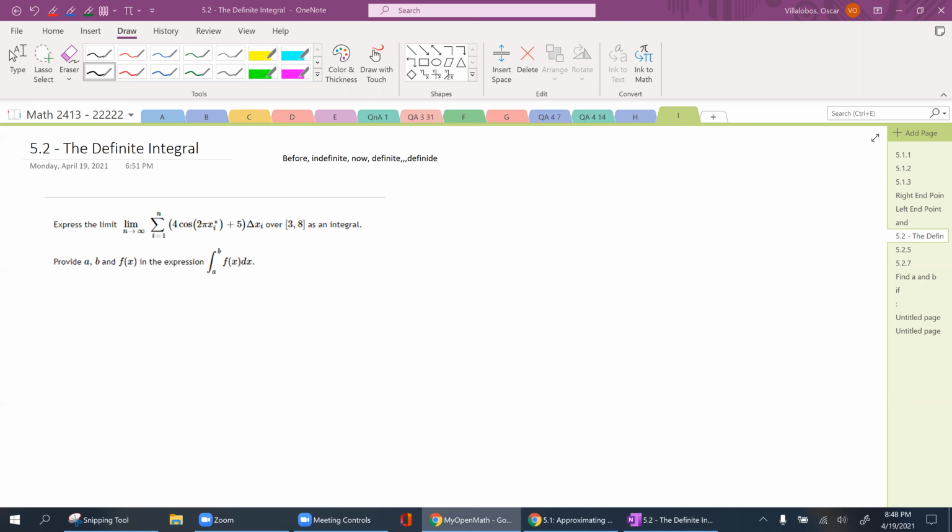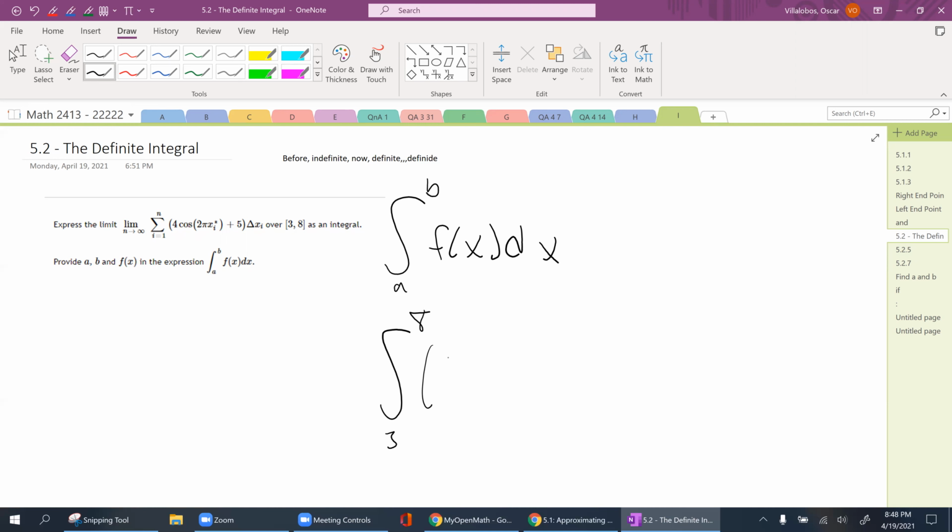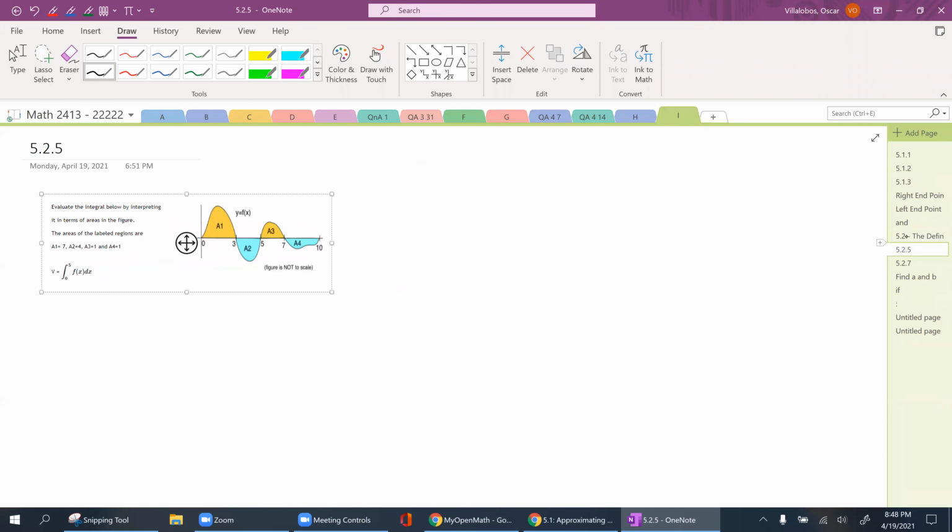Well, my bounds are going to be from a to b of a function. Here, it is between 3 and 8 of my function, and of course you want to write this in parentheses, for cosine of 2 pi x plus 5. And that's how you would write that as a definite integral, an integral that is defined.